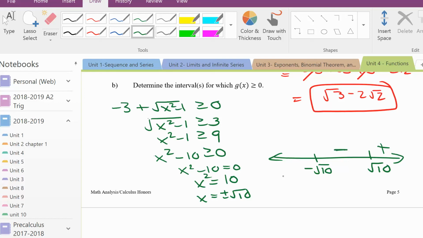And then negative 4 would give you the same thing as positive 4. So the intervals for which it's positive would be negative infinity to negative rad 10, union rad 10 to infinity.